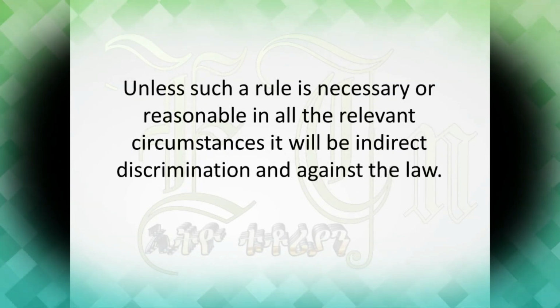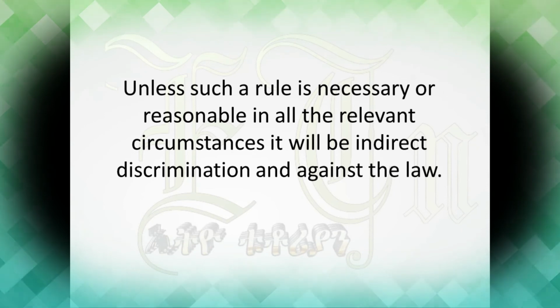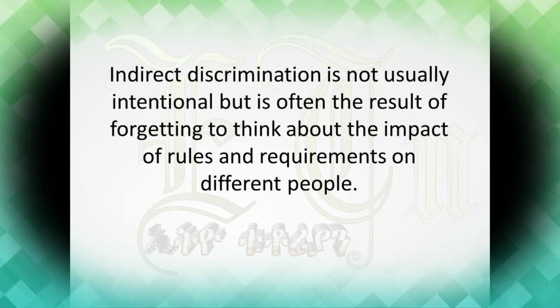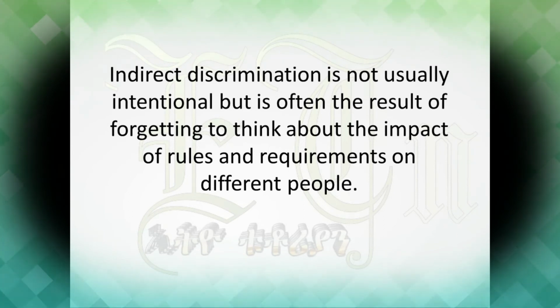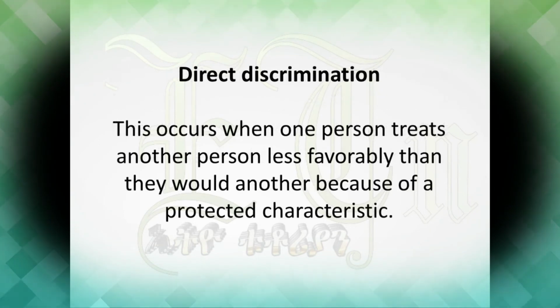Unless such a rule is necessary or reasonable in all the relevant circumstances, it will be indirect discrimination and against the law. Indirect discrimination is not usually intentional but is often the result of forgetting to think about the impact of rules and requirements on different people.